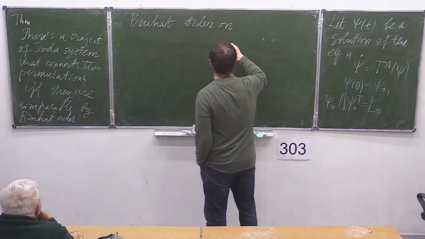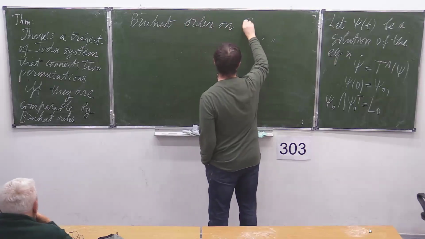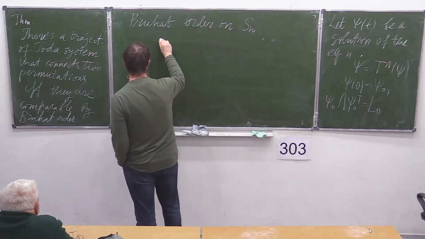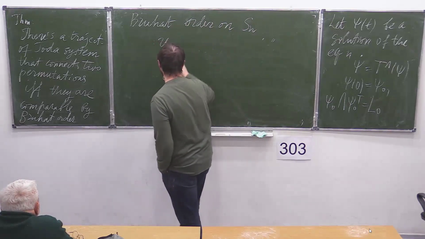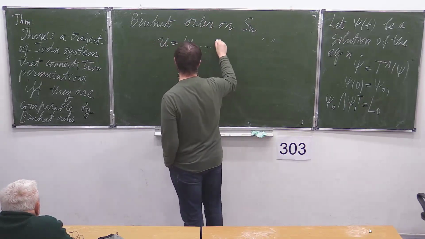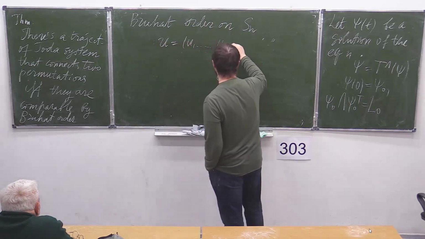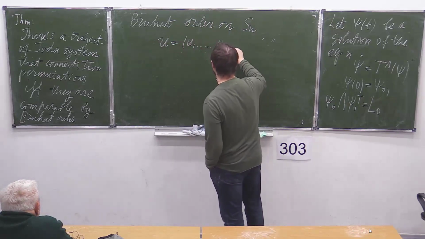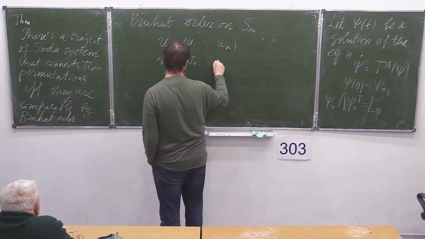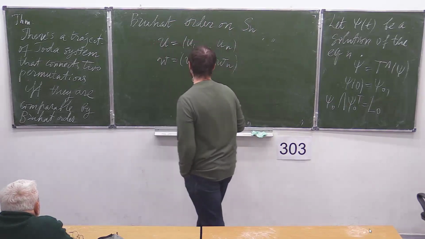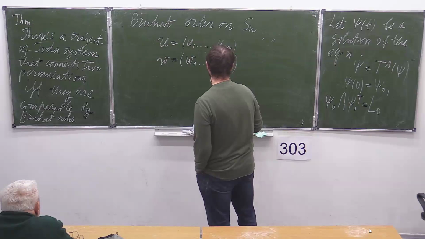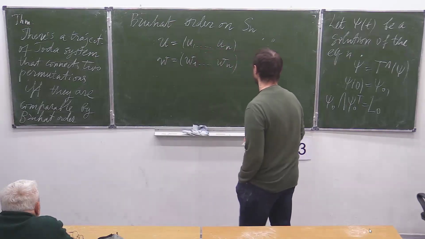So you have two permutations, U, which is U1, ..., UN, and W, which is W1, ..., WN. I think it is as follows.